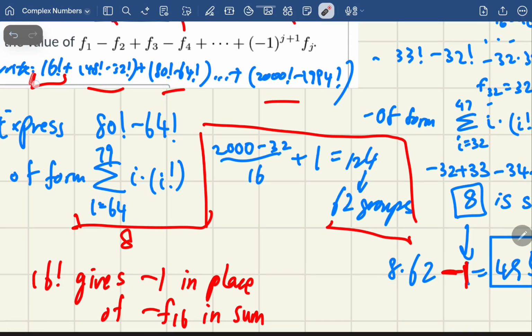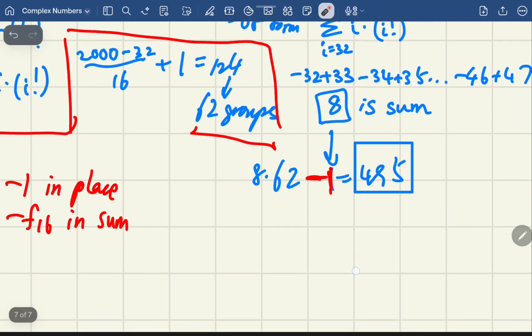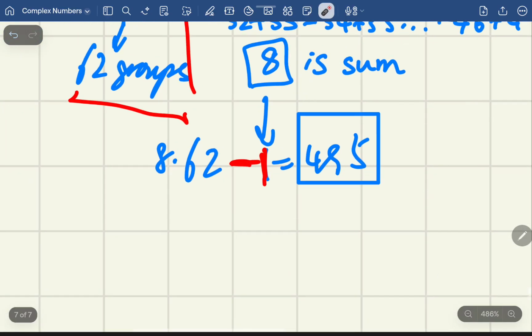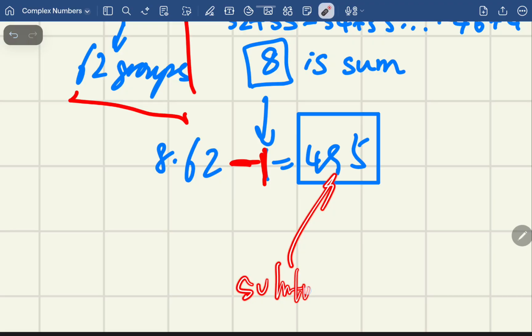And then regarding the 16 factorial, because it's negative F16 in the alternating sum, this gives a negative 1 in place of it. And so we have to append a negative 1. So subtract 1 from 8 times 62 gives 495. And this is the solution.